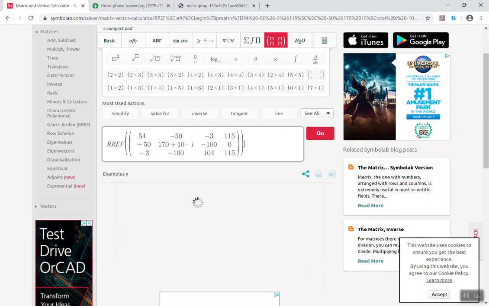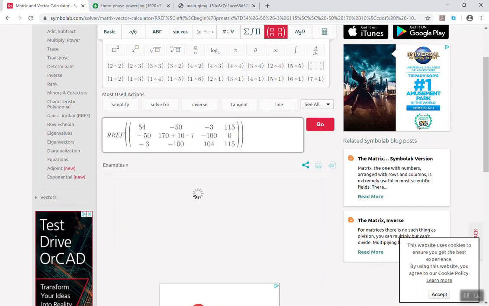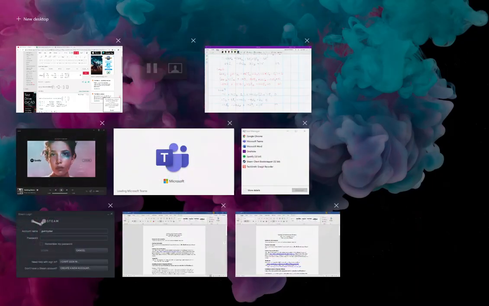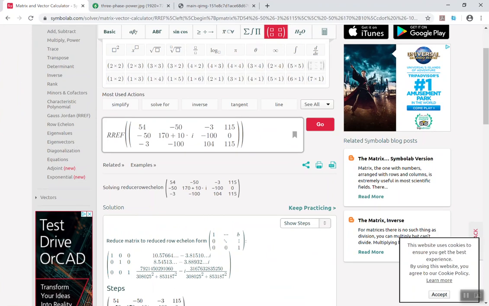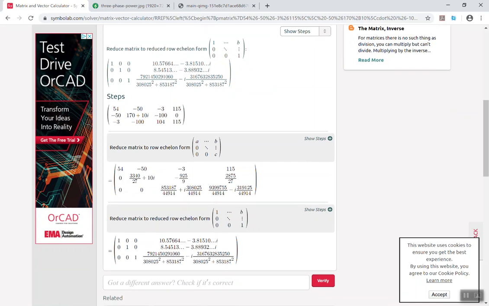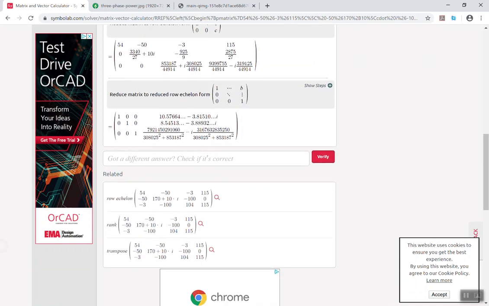Maybe. It's thinking. There we go. So it went ahead and solved it for us. And of course it's giving us some really huge numbers here. I'm wondering if there's a way to find it in decimal anywhere.